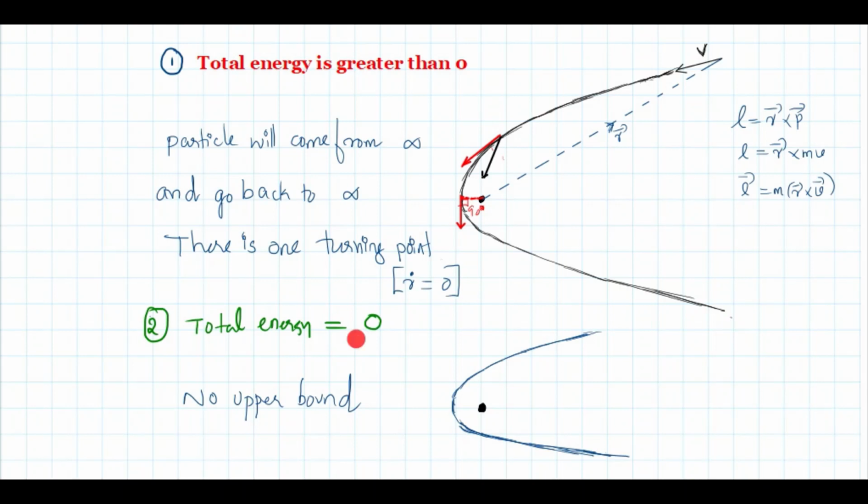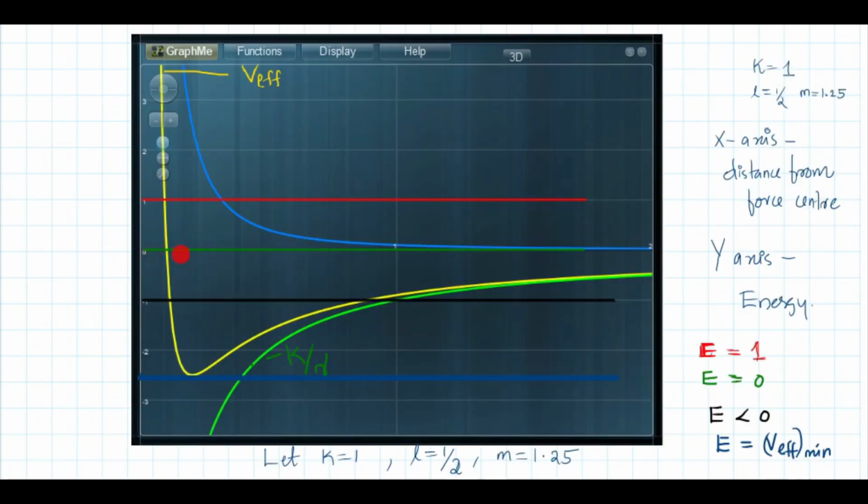Now consider the case with total energy equal to 0. That is this green line. Again, you can see that all the cases that we mentioned for E greater than 0 are applicable here also, because for this distance this green line is above the yellow line, that is, E is greater than V effective.